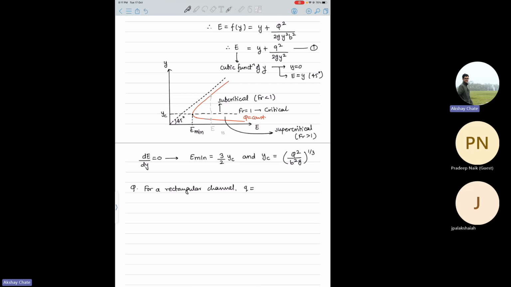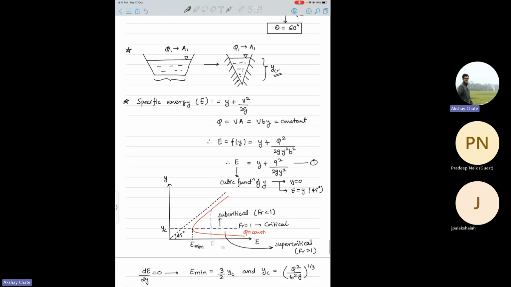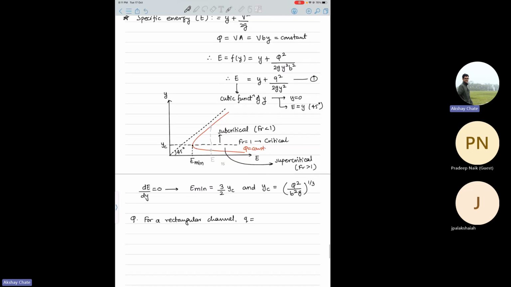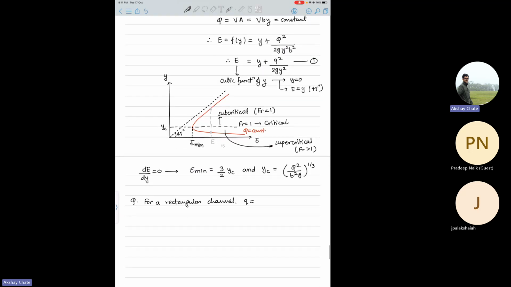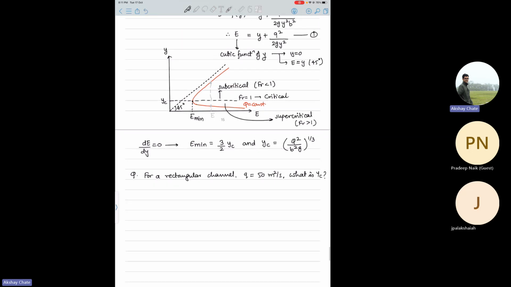Yeah, so basically this small q, which is Q by b, is nothing but 50 meters square per second. And I can ask what is yc for this channel, critical depth, and what type of flow exists in this channel.